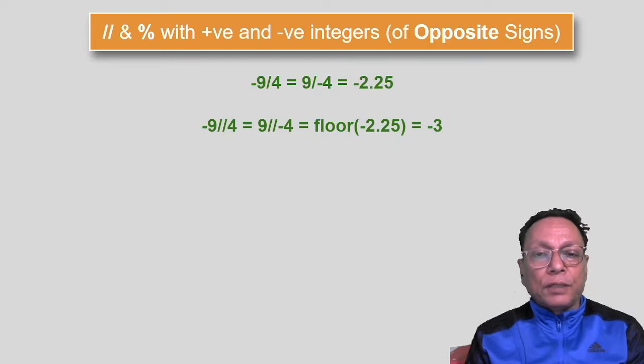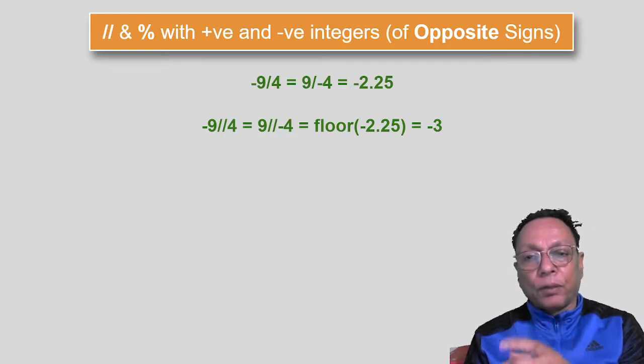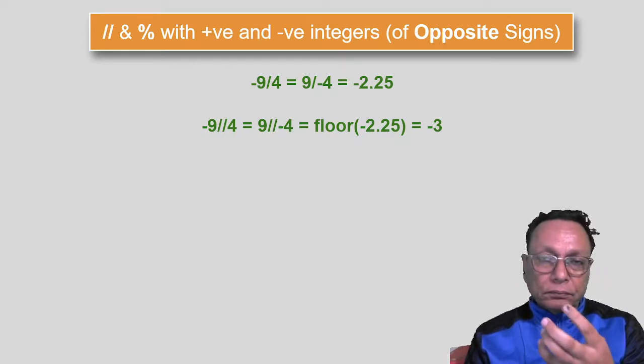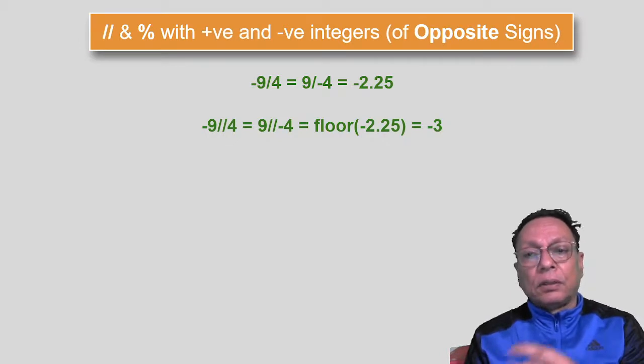So you will have to keep this in mind: minus 9 floor division 4, or 9 floor division minus 4, is equal to the floor of minus 2.25, as when you divide positive by negative or negative by positive, it always gives you a negative quotient.